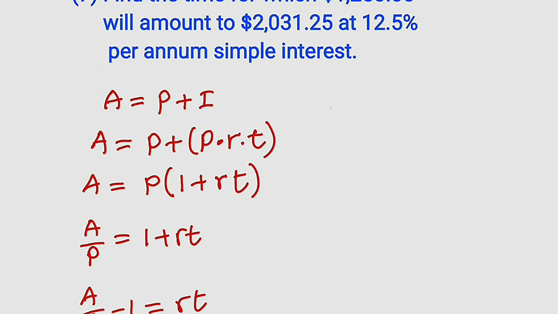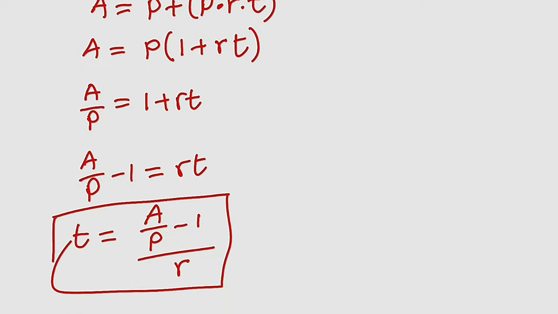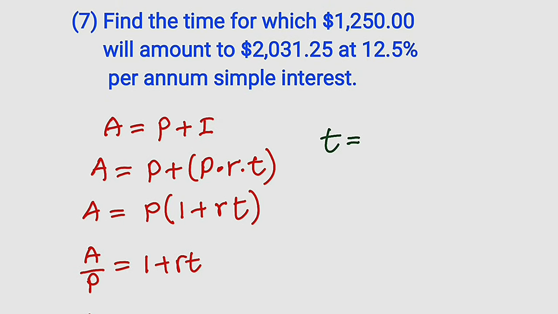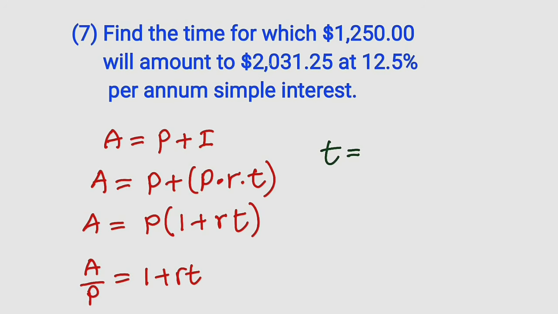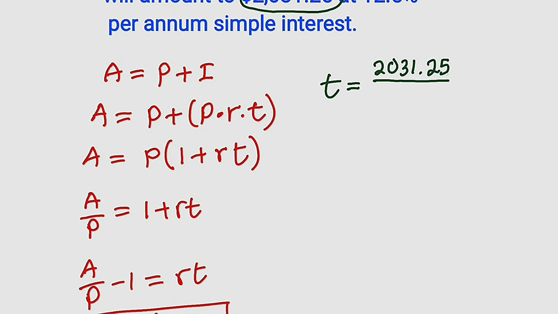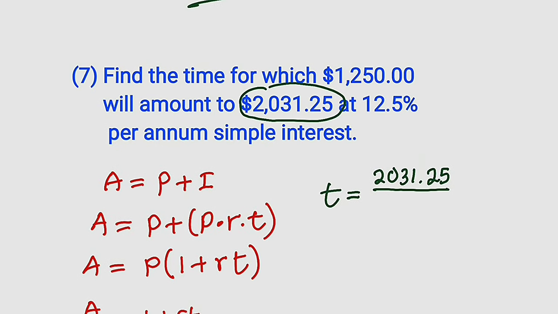Therefore, t is equal to A divided by P. What is A? Remember, A is the amount. So we write it 2031.25. Remember to divide it by P. P is the principal amount, the initial amount, which is 1,250.